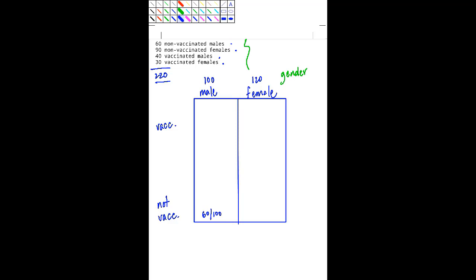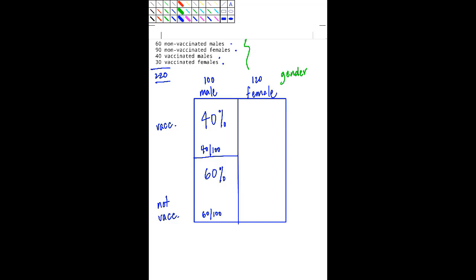It's just going to be 60%. We'll draw our line about there. And for the men, 40 out of 100 have been vaccinated. Again, that's pretty straightforward. It's going to be 40%.